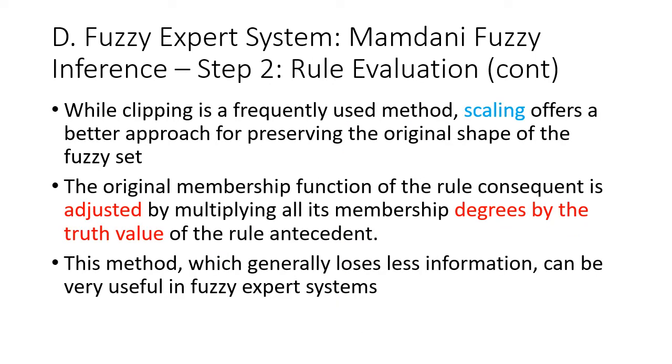The second technique of getting the result of the consequent is called scaling. Scaling offers a better approach because it preserves the original shape of the fuzzy set. So for example, if the fuzzy set is in the form of this trapezoid, if we do clipping, and the consequent is 0.2, we are only taking this area over here.